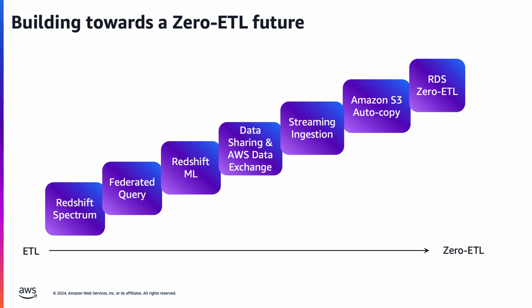And finally, the zero-ETL integration, which enables near real time replication of transactional data to Amazon Redshift, for Aurora MySQL, which is in GA already, and Aurora PostgreSQL and RDS for MySQL, which are in preview, and also DynamoDB, which is in limited preview.